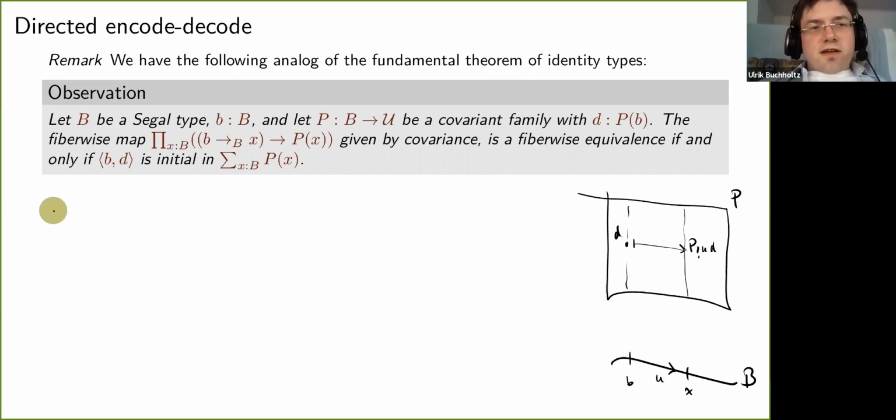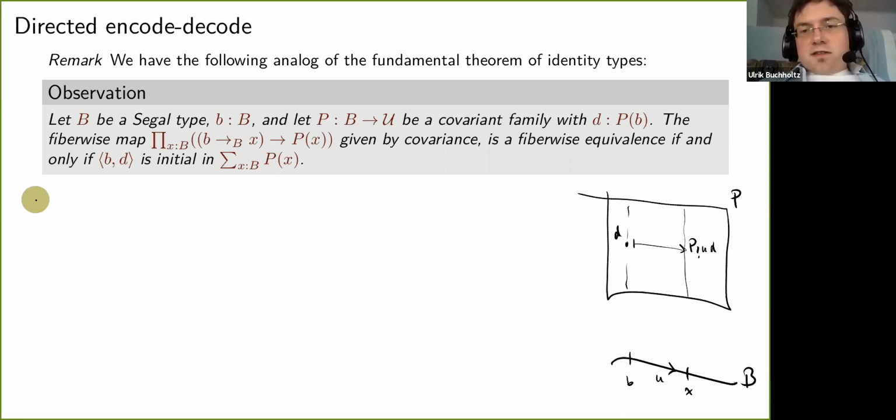It's a kind of directed version of the encode-decode method. You want to know the Hom types in a Segal type. You construct a covariant family with a notion of reflexivity, and then you get this map by covariance. Then you just prove that this element is an initial object in the total category, and then you know that your family is equivalent to the Hom types.